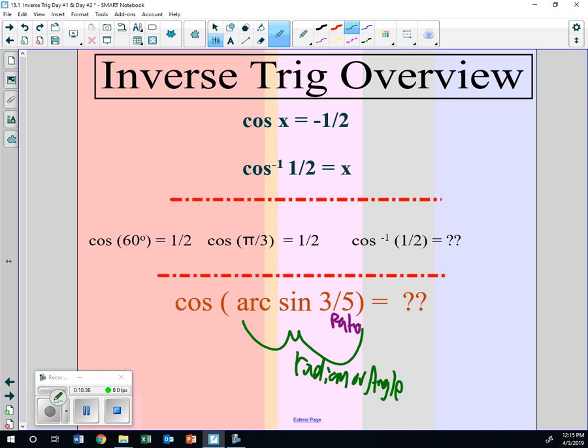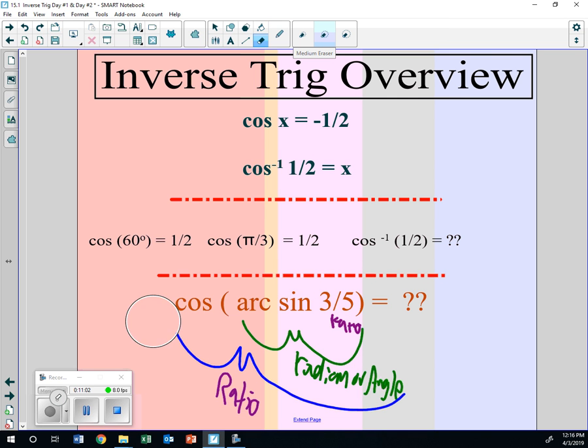But now we're taking the cosine of it. So you took the ratio, you turned it into an angle. Now you're going to take the angle and turn it back into a what? Cosine of an angle is a ratio. So this is what they call a composition, and you're going to use a clever way of figuring this out.